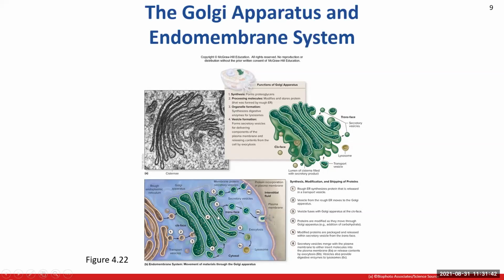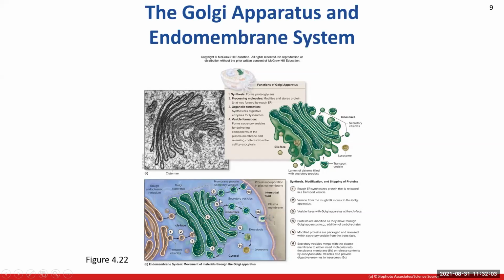And then eventually, when it gets up here to the trans face, it will repackage it into what we call a secretory vesicle. These secretory vesicles get released from the trans face here. And they can do one of two things.